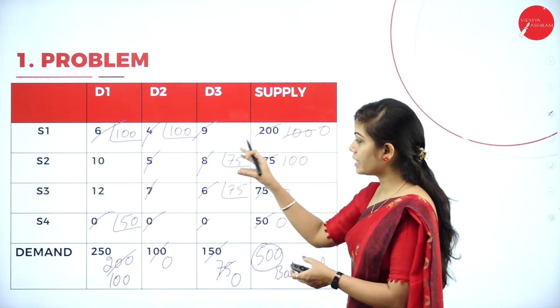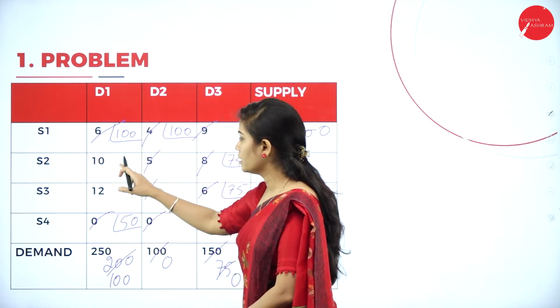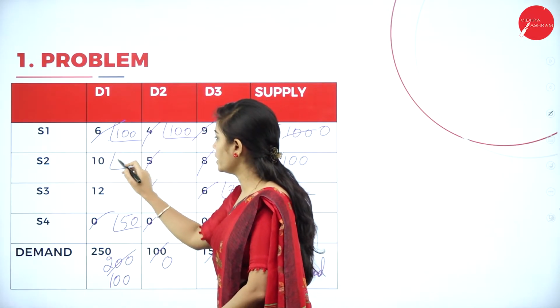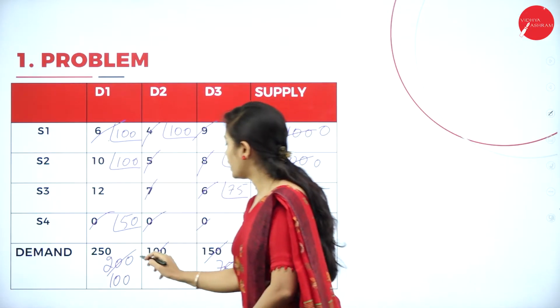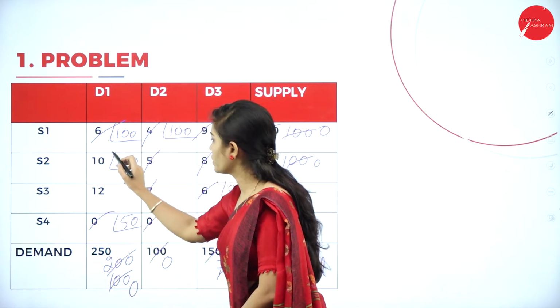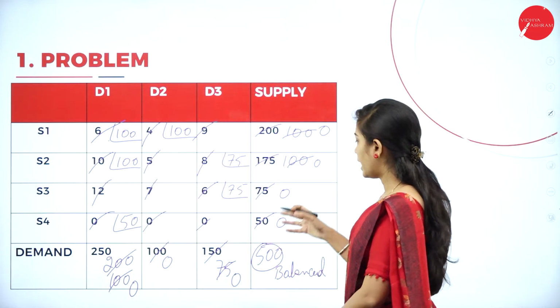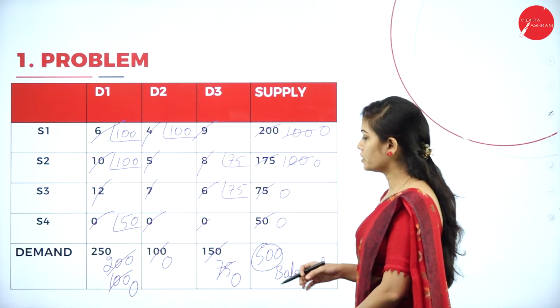And you can consider the next least value. So 10 and 12. Least value is 10. In 10 I have 100 and 100. So I will allocate 100 rupees to this cell. So it will become 0 and this will also be 0. So you can cancel this row and column. And is there any extra least values? You just observe this.